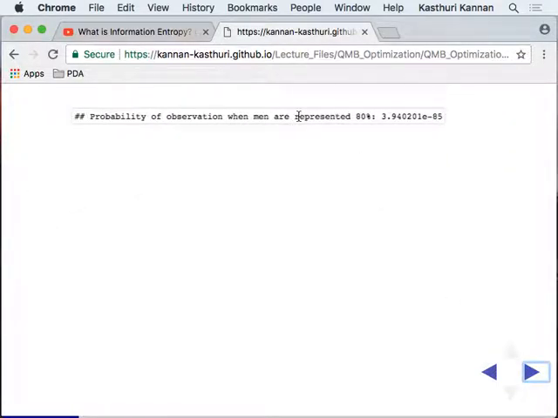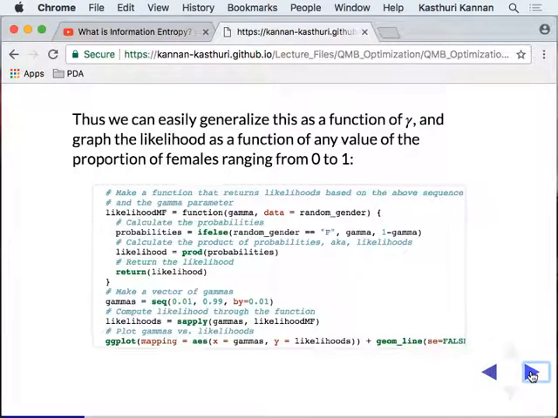The probability of the observation when men are represented at 80% is extremely small, right? So we can generalize this as a function of a variable, a gamma parameter, and then graph the probability. What I'm doing here is taking gamma as a parameter, supplying the random gender here, and computing the probability.